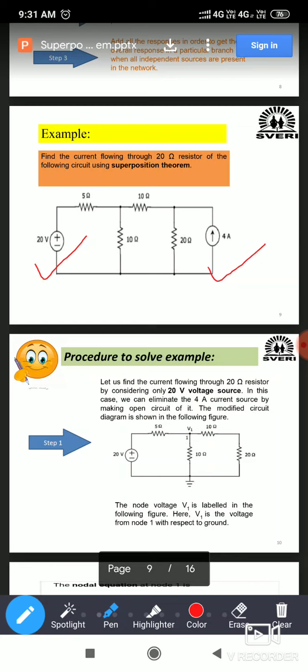Now the procedure to solve this example. Step one: let us find the current flowing through the 20 ohm resistor by considering only the 20 volt voltage source. So here we are keeping the 20 volt voltage source as it is.